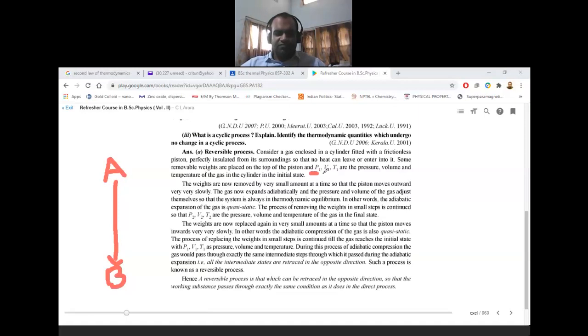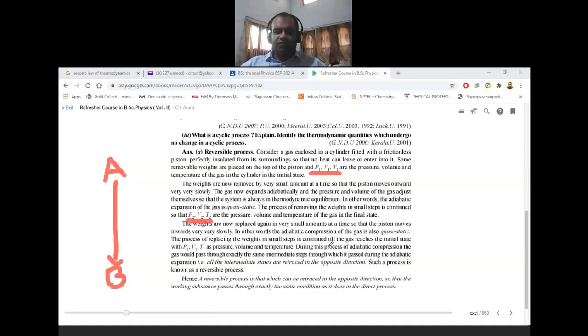At state A, we have pressure, volume, temperature as P1, V1, T1. And at state B, the pressure, volume and temperature are P2, V2 and T2. But now the weights are again placed on the piston so that the piston again starts to move very slowly.